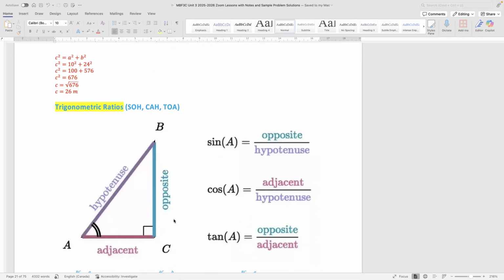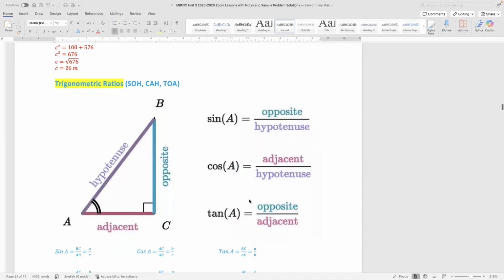But in trigonometry, we're going to be dealing with angles and sides, not just sides like we did in Pythagoras. So there's the difference. If you know an angle and one of the sides, in addition to the right angle, then we can solve for the other missing parts of the triangle. We can find the missing angle and the length of the other two sides that we don't know.